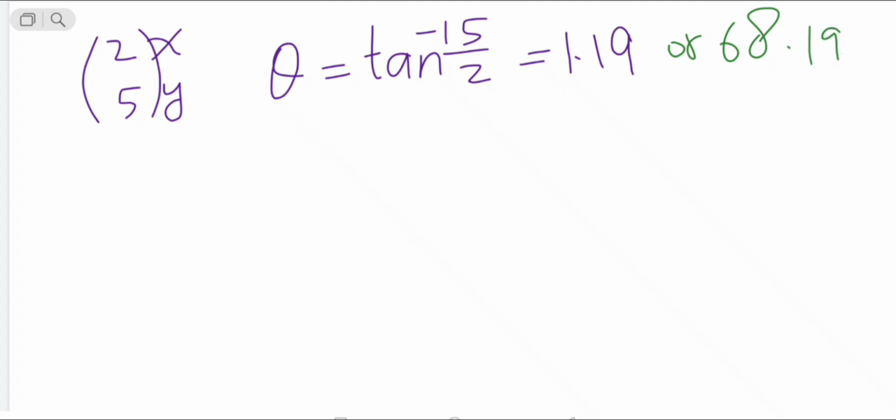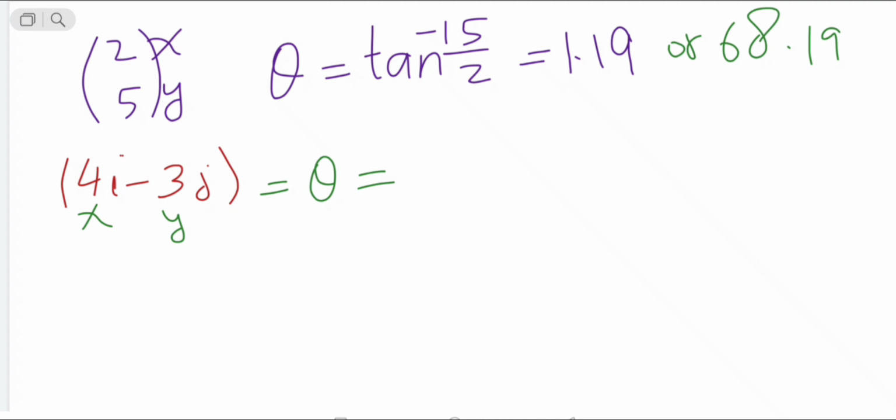68.19. So another possibility, another question, for example, 4i minus 3j. It means x is 4, y is 3. If y is negative, the answer will be negative. So theta equals minus tan inverse y.